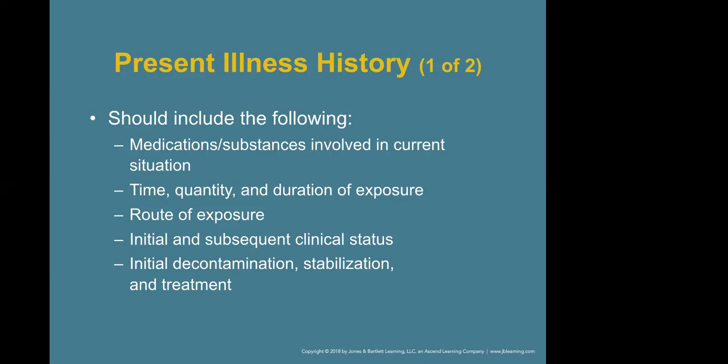You need to know route because metabolites differ based on your route of exposure. Your body metabolizes things completely differently, with a different metabolite, depending on the route of exposure. Of course, their initial clinical status and their course of treatment thus far, and any decon and treatment that they've actually received.